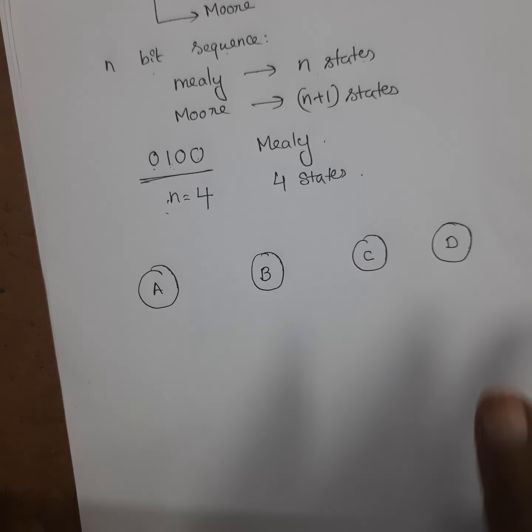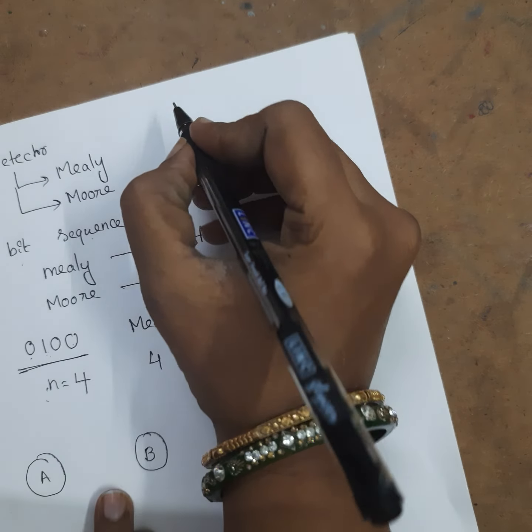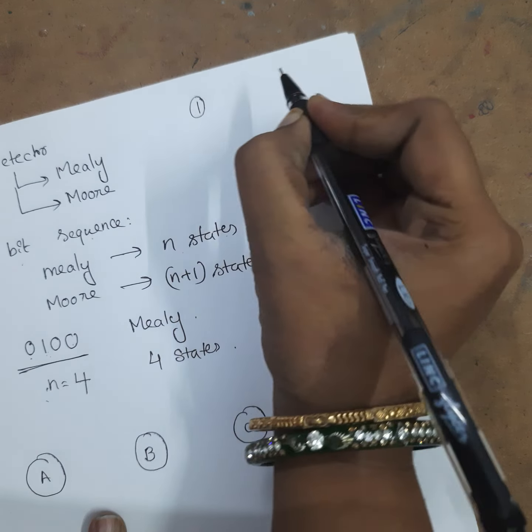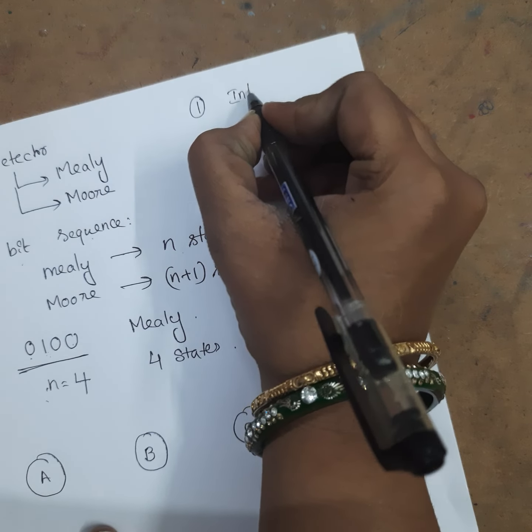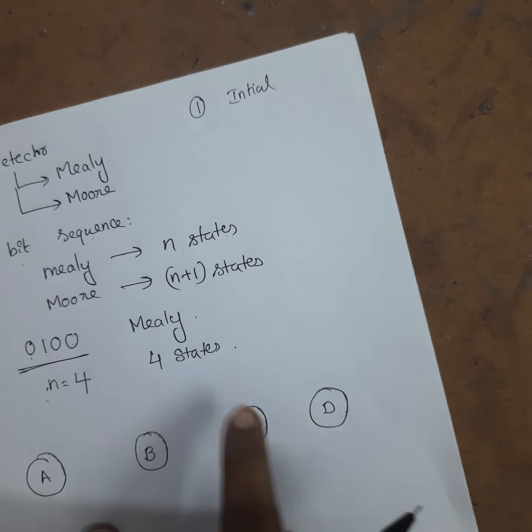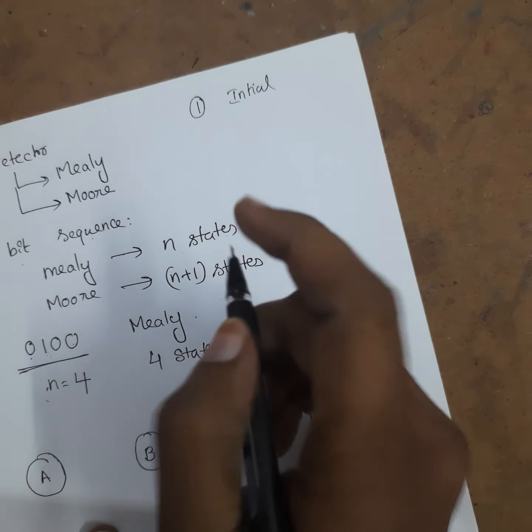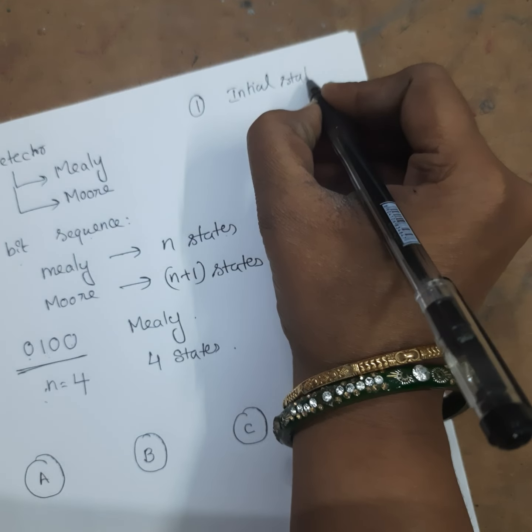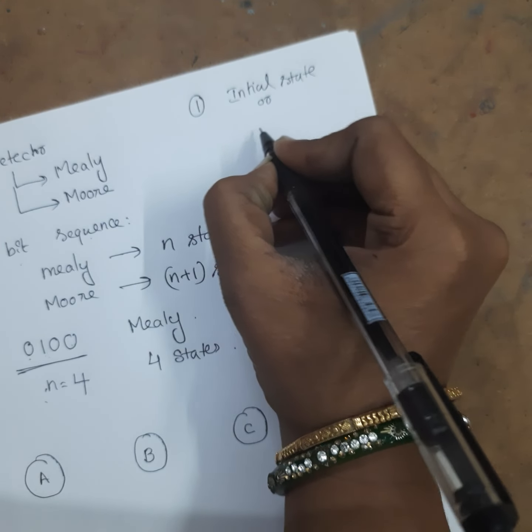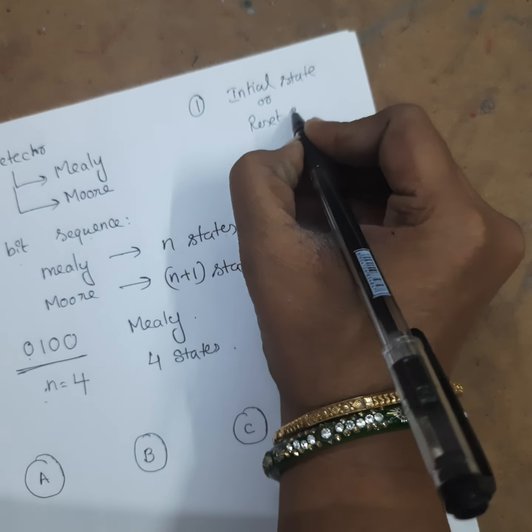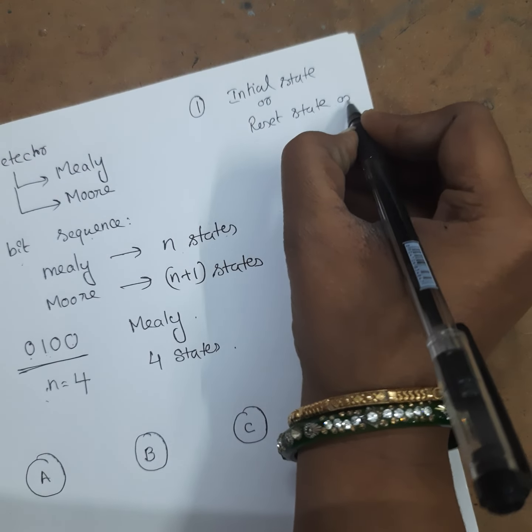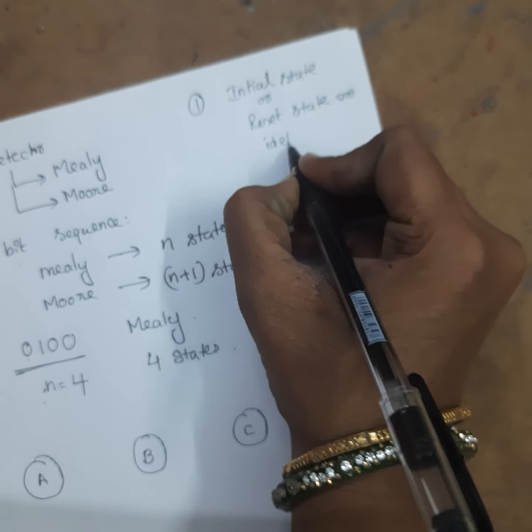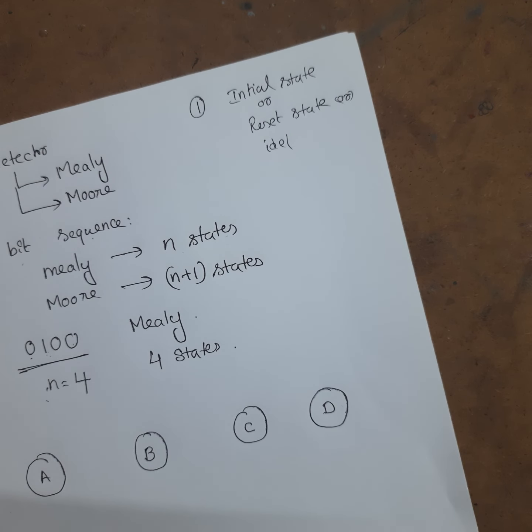So here we have to follow some rules. Before going to the state diagram, you have to read some rules. The first rule is the first state is always said to be the initial state, reset state or idle state.